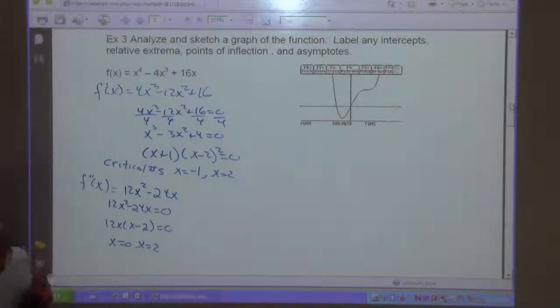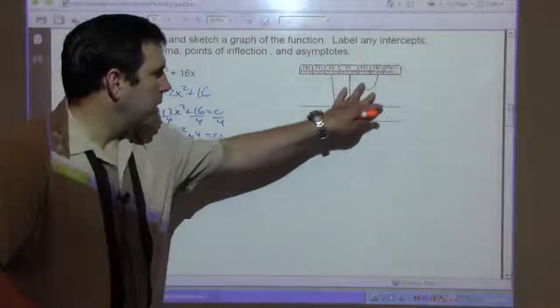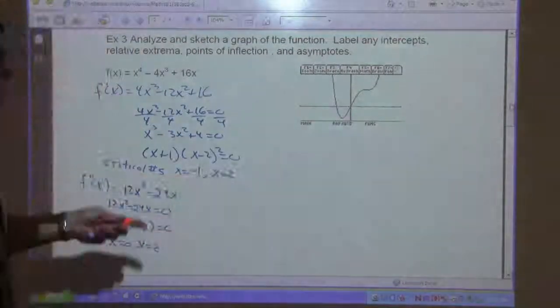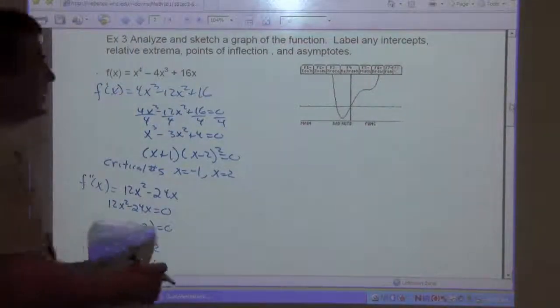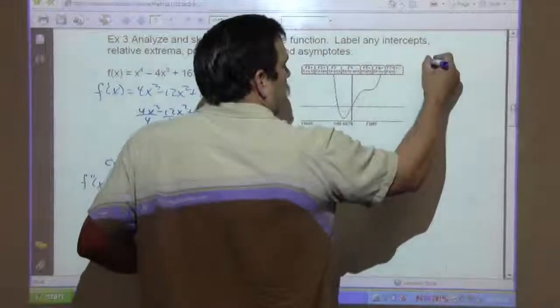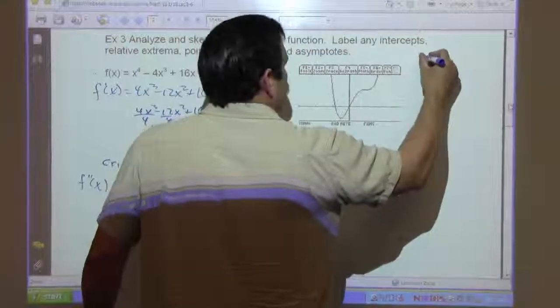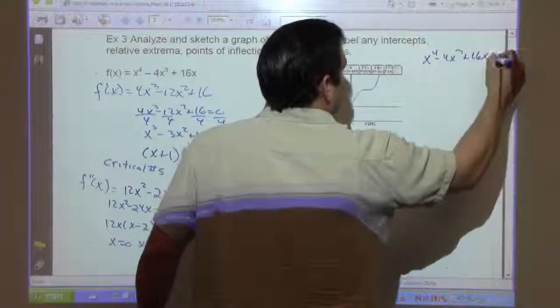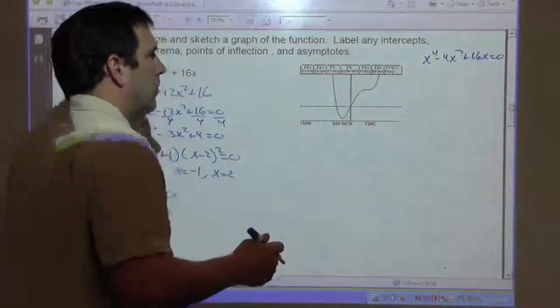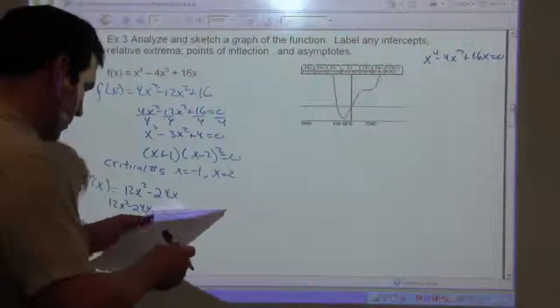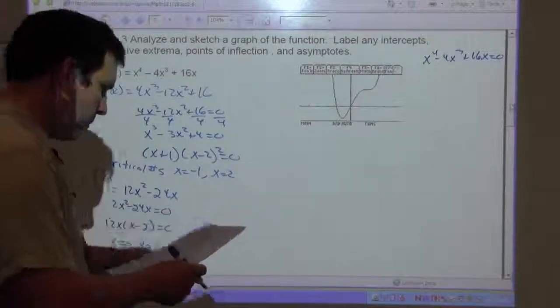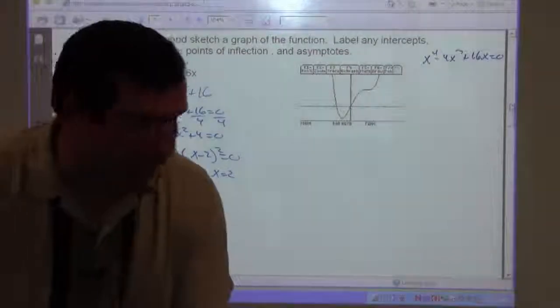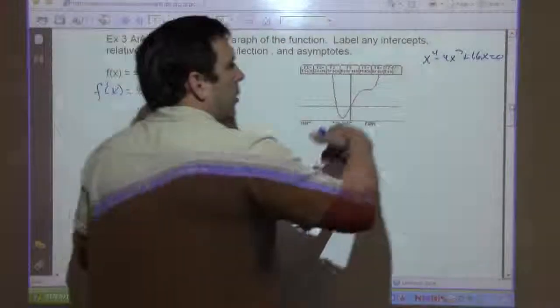Now, here's our graph. So we're going to have intercepts. Maybe we should find those intercepts. Where is x to the fourth minus 4x cubed plus 16x going to be 0? At this point, I really don't think we need to reinvent the wheel.